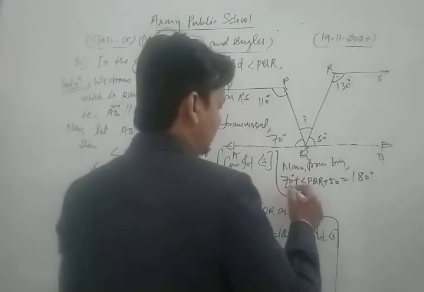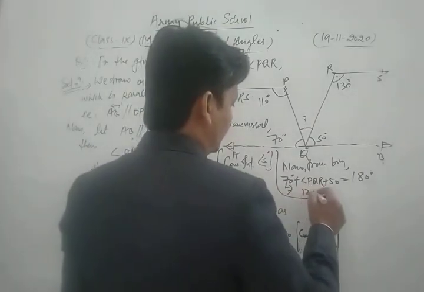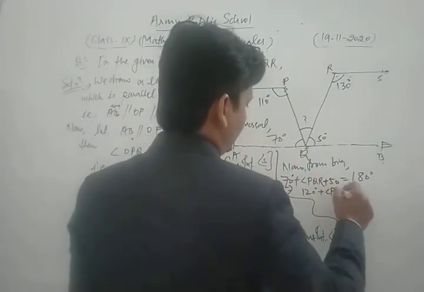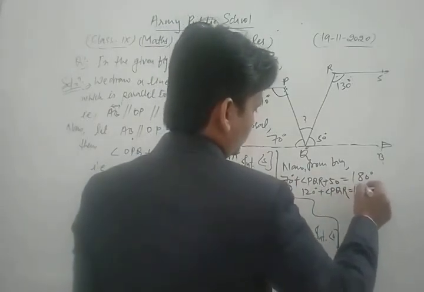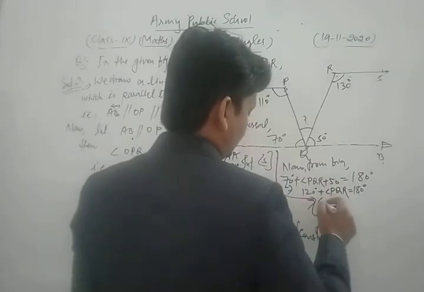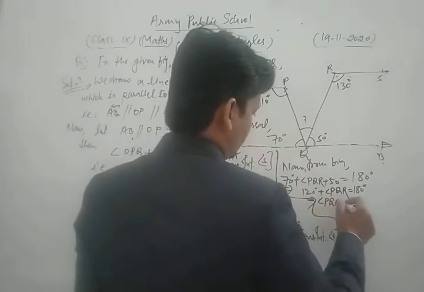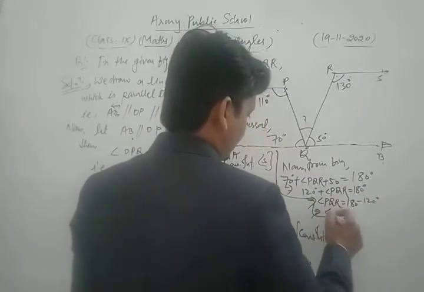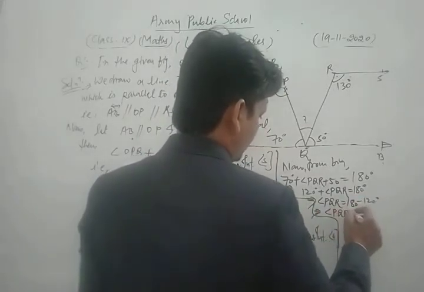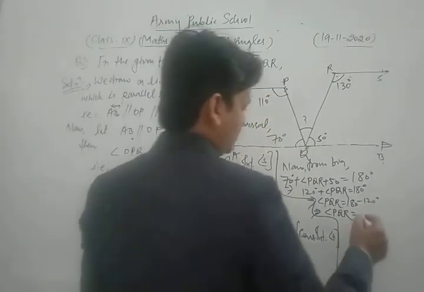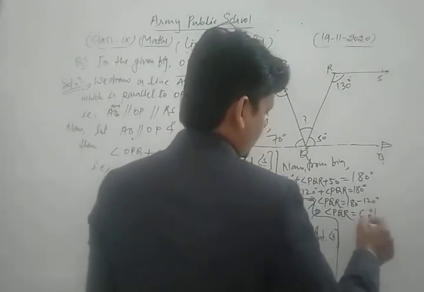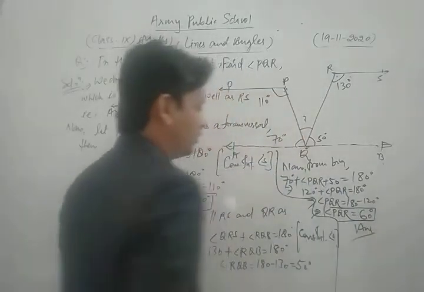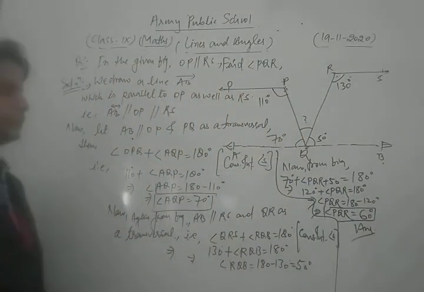This is 120 plus angle PQR is equal to 180. Thus angle PQR is equal to 180 minus 120, that is 60 degree. This is our required solution of the given question.